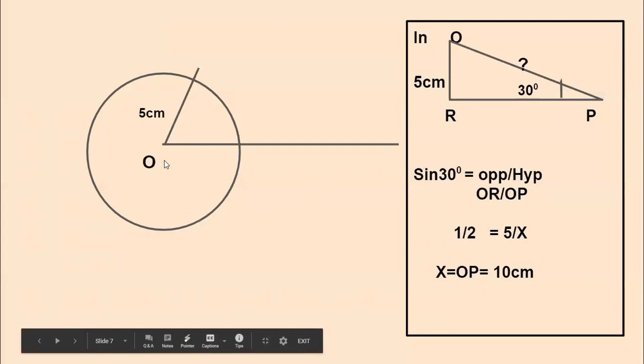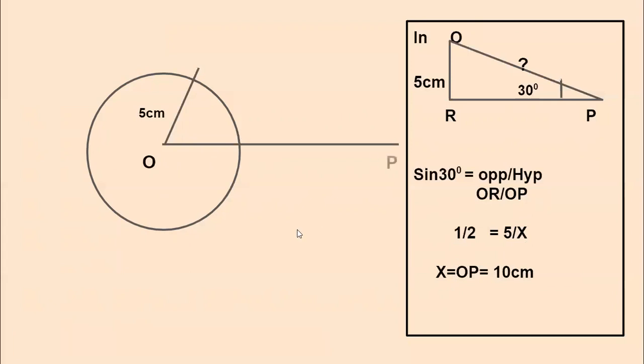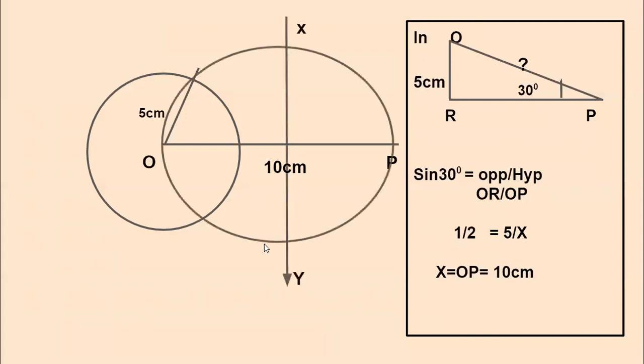So from O, we have to locate a point P that is 10 centimeters away from the center of the circle, like this. Now again the same procedure, we have to draw a perpendicular bisector, and draw another circle with the point of intersection.